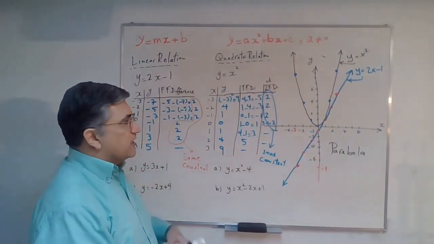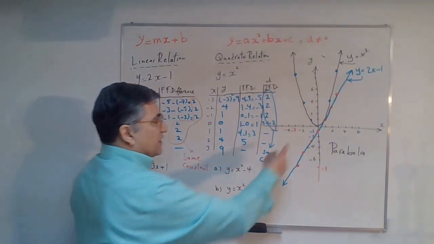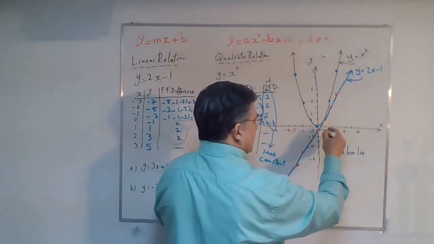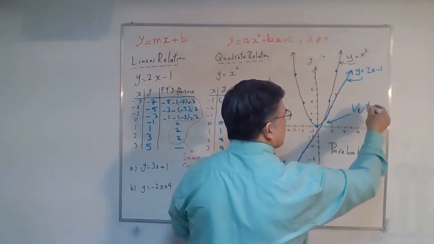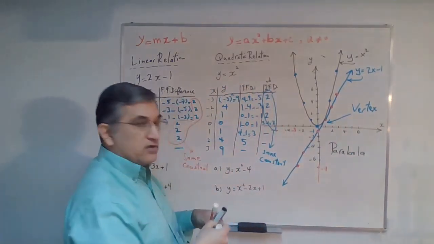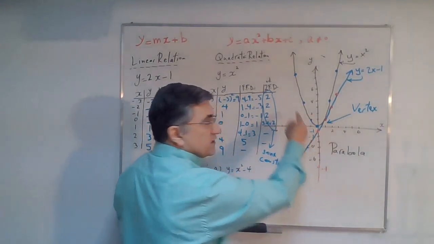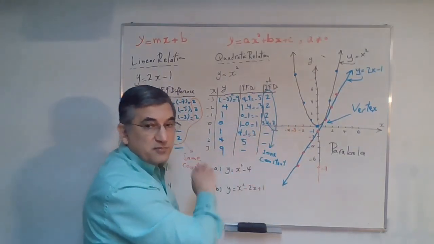And you may notice that this curve, it's not a straight line anymore, has a lowest point. This lowest point here, the origin right here, has a name. We call this point the vertex of the parabola. You may recall from the grade 10 math course you took last year, the vertex is the lowest point on the graph of a parabola.